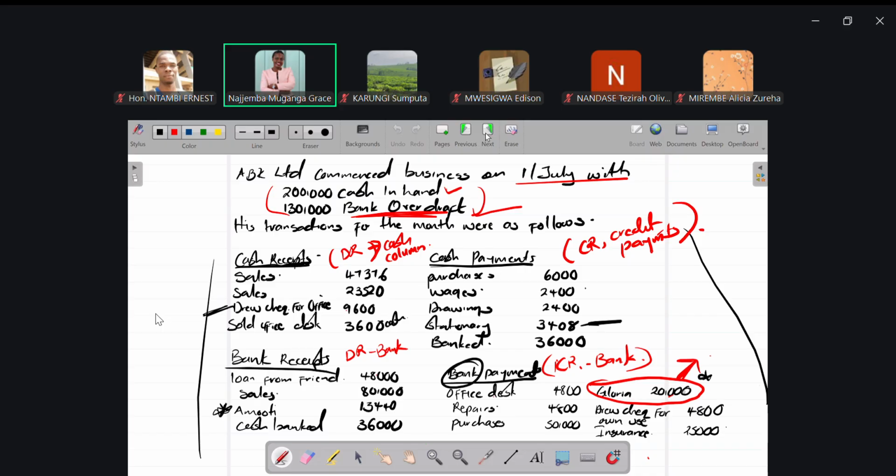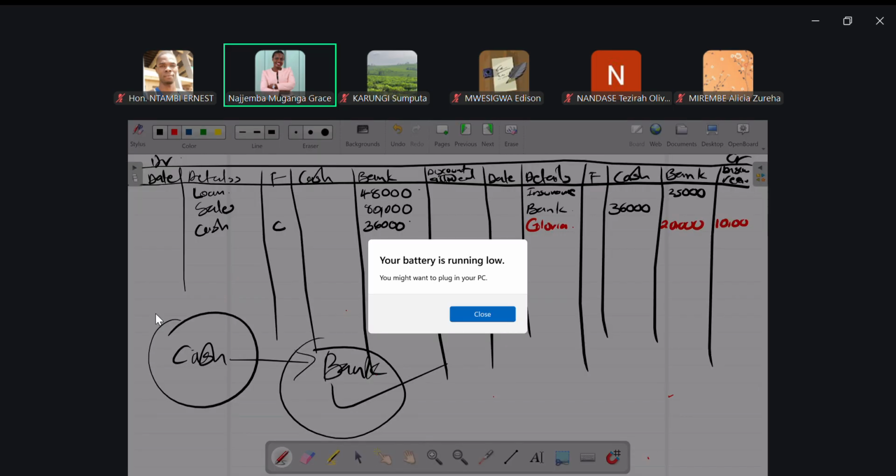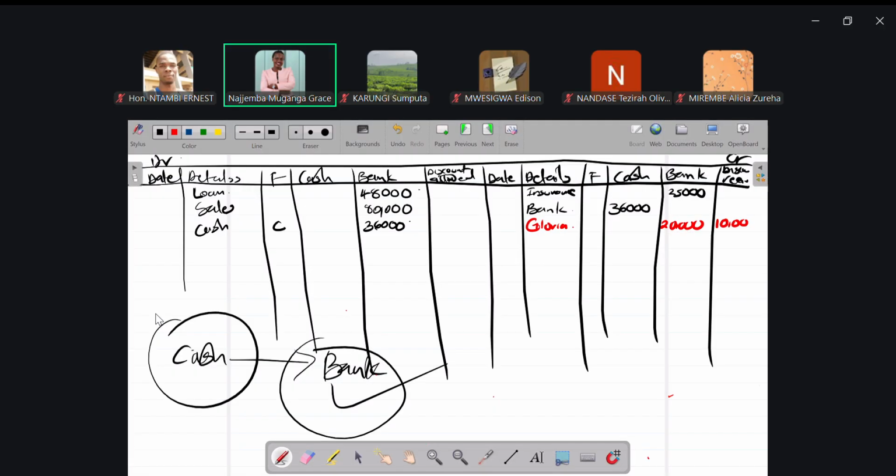So you move to your cash book on the credit side that records payments, and the bank column includes the 20,000 which relates to Gloria. But against that, follow that line to the discount column and indicate that the 10,000 is received in line with the payment that was made, as a discount received.